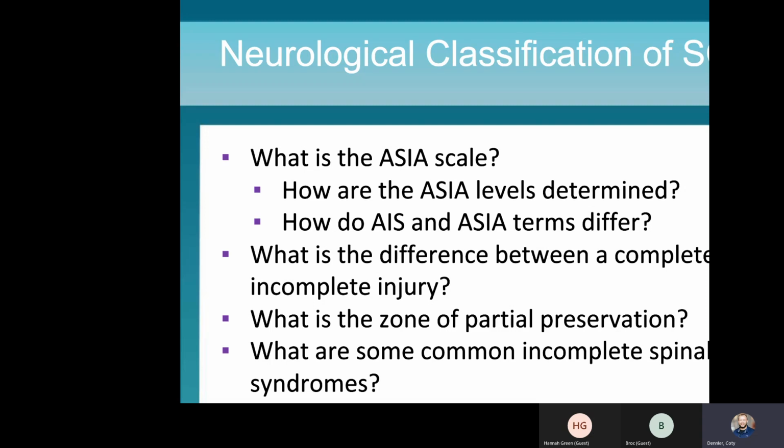If you look on page 914, these are some of your syndromes. These are incomplete spinal cord syndromes. The first one is the anterior cord syndrome. This is damage to the anterior portion of the spinal cord. The posterior portion of the spinal cord is injured much easier than the anterior portion.